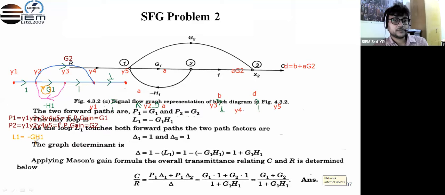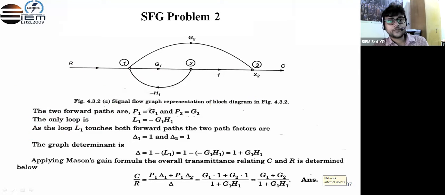So one loop, minus G1 into H1, is possible, and the forward paths are G1 and G2. So P1 equals G1 and P2 equals G2, and because P1 traverses in this direction and P2 traverses in this direction, this is P2 and this is P1.